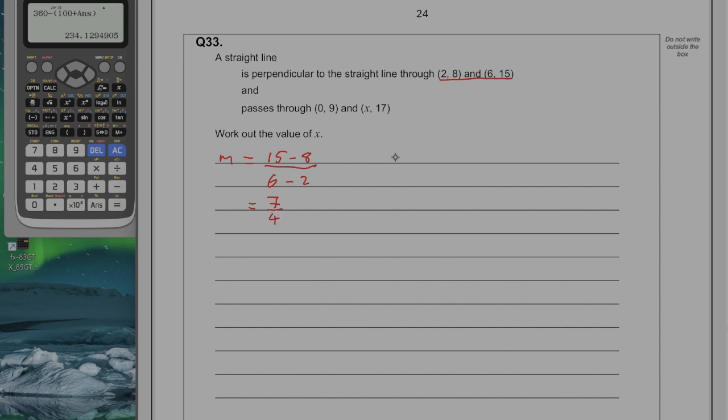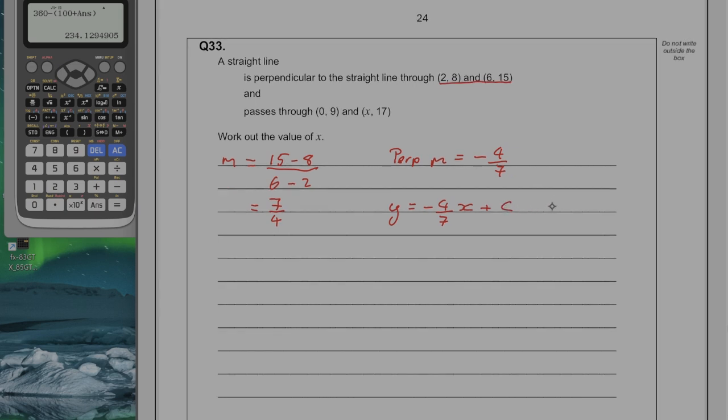Which means that the perpendicular gradient, so I'll go perp m, is going to be equal to the negative reciprocal, so minus 4 over 7. Right, so our straight line then has the form y is equal to mx plus c, so minus 4 over 7 x plus c.